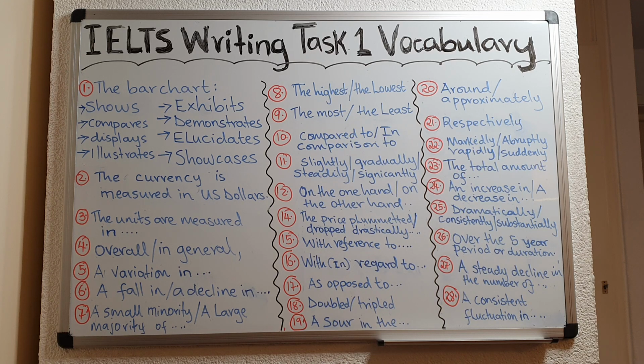Okay? Now, 25, dramatically. Dramatically means significantly. Markedly. Let's say, for example, the number of students in Oxford University in the year 1990 was 100.